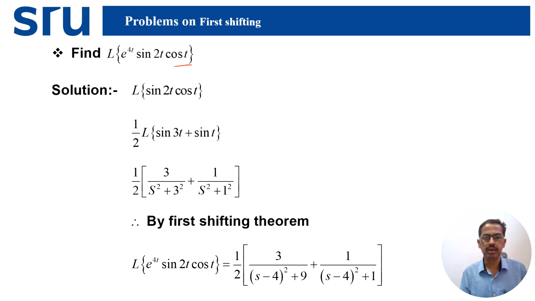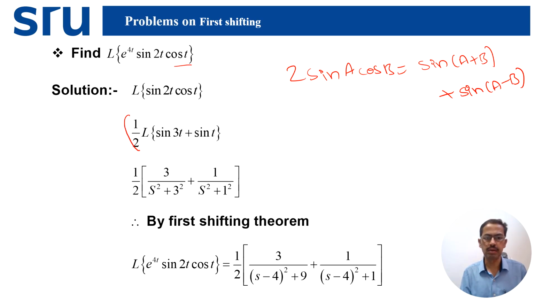What is the formula for 2 sin A cos B? It is sin of A plus B plus sin of A minus B. So here multiply and divide by 2, this is 1 by 2, that's why you write 1 by 2.